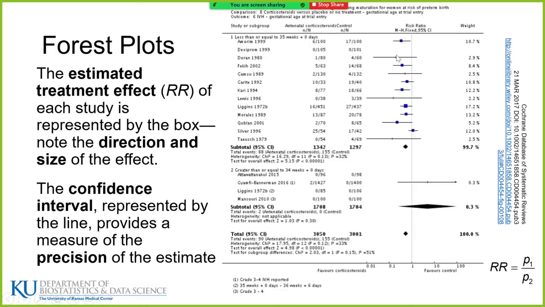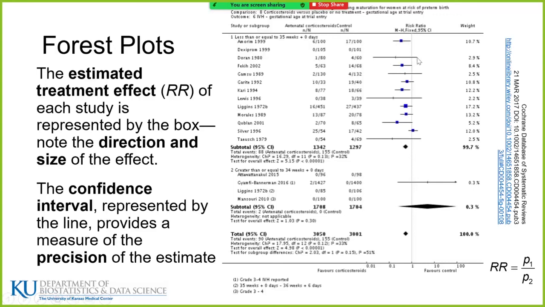So the marker here is the estimate of the effect, and then you also see the lines that extend beyond that. That's the confidence interval, and that provides us, again, the measure of the precision of the estimate, a measure of the impact of sampling error on the estimate. So if we see a really wide confidence interval, for instance, this one, we mentioned that this effect, the relative risk, is maybe 0.2, but look at how wide the confidence interval is.